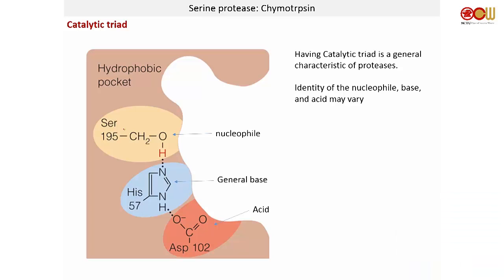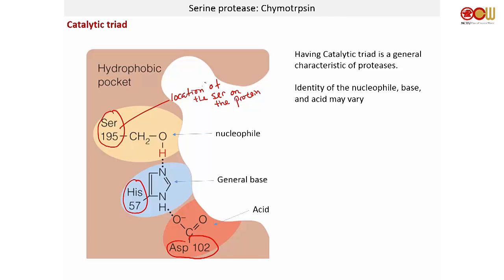When you guys are looking at literature or looking at different things, you'll always see, for example, serine 195 or histidine 57, aspartate 102. Just like when we talked about hemoglobin, right, the H whatever or the histidine whatever, this is referring to the location or the number of the serine on the protein.